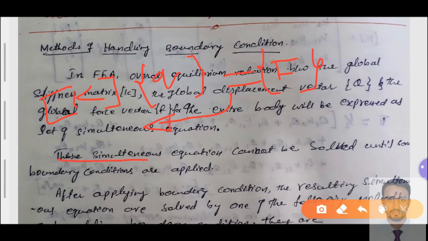These simultaneous equations cannot be solved until boundary conditions are applied. If we do not apply the boundary condition, this generalized equation is not satisfied for a given problem.